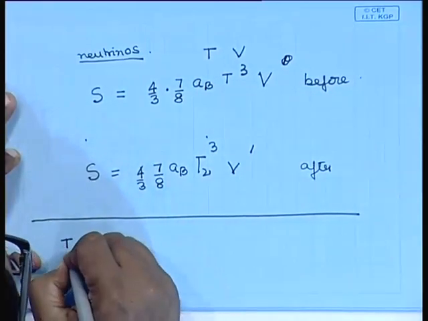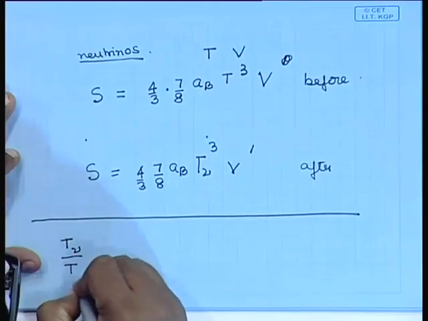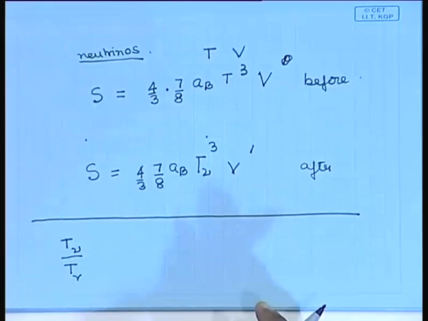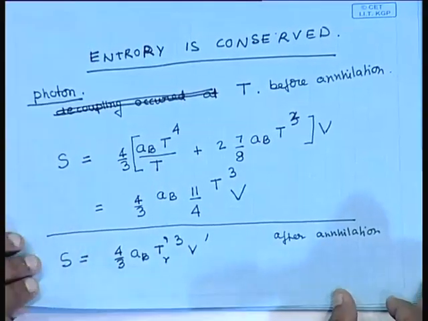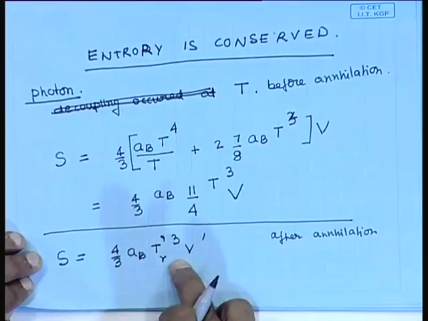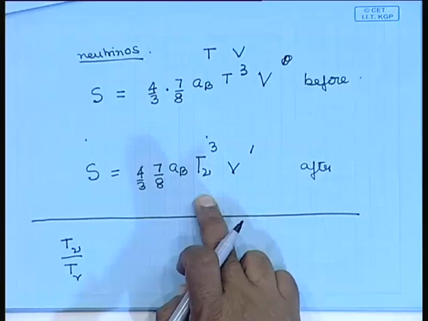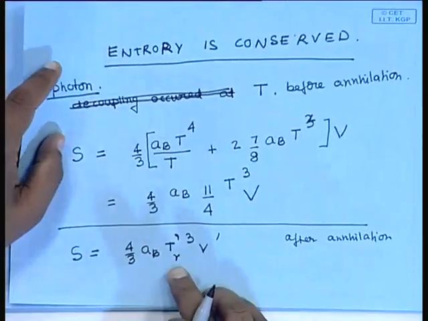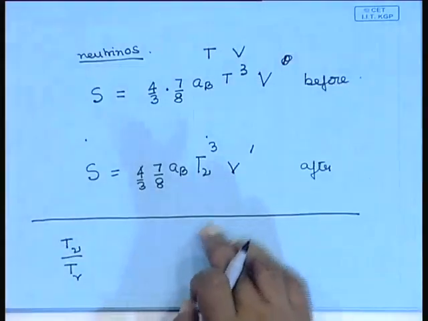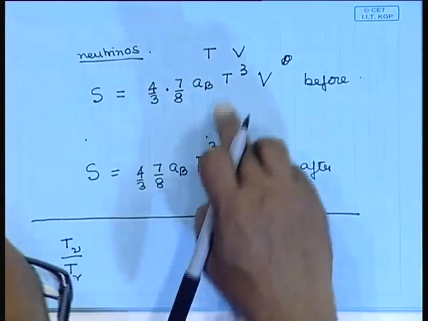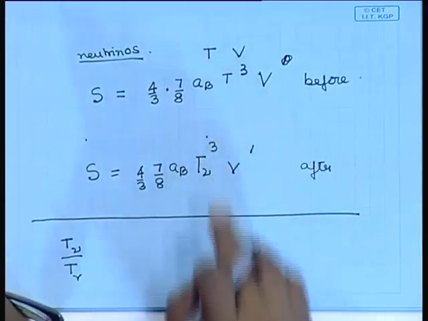of T neutrino by T photon from this and this. Okay, so from here you can get the ratio of T photon to this T. From here you can get the ratio of T neutrino to this T. Okay.